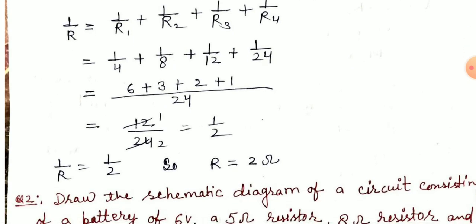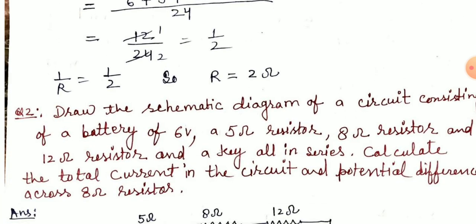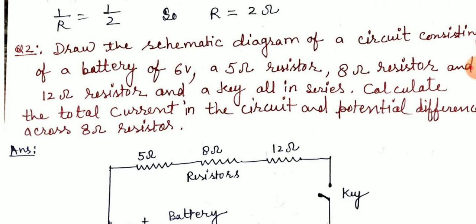When we put the values of 1 upon 4 plus 1 upon 8, 1 upon 12 plus 1 upon 24, we will find the LCM of 4, 8, 12 and 24, and by adding this we will get 12 upon 24, which is 1 upon 2 ohm. So 1 upon R is equal to 1 upon 2, so R will be equal to 2 ohm. So lowest resistance will be 2 ohm and highest resistance will be 48 ohm.